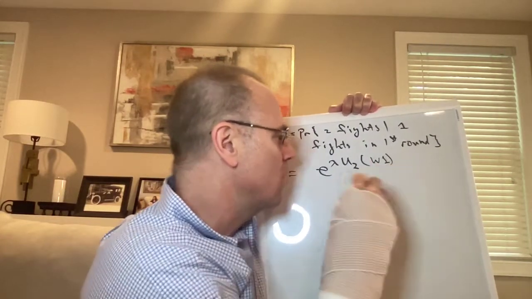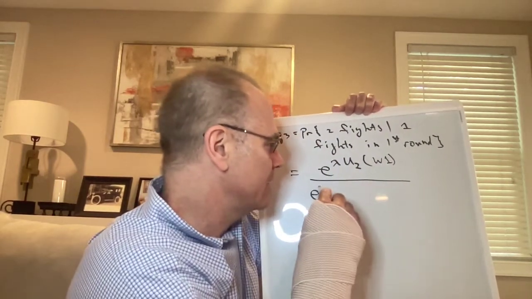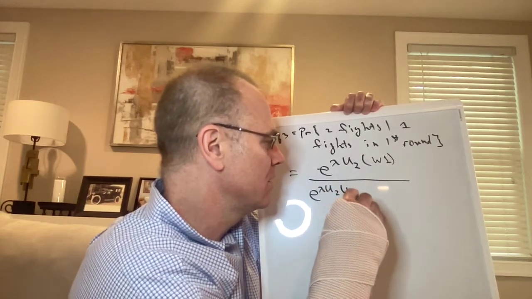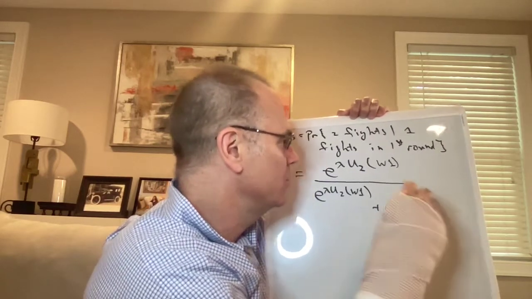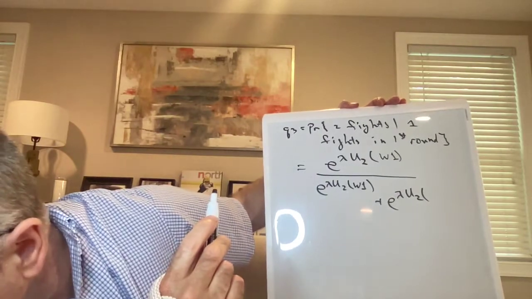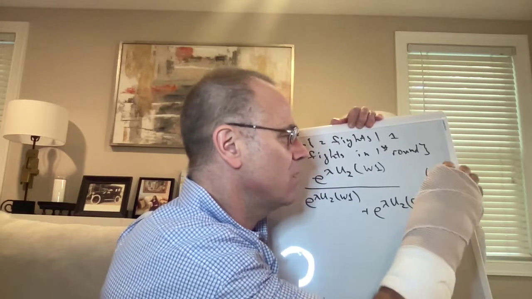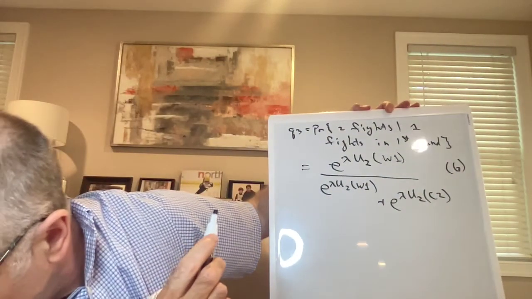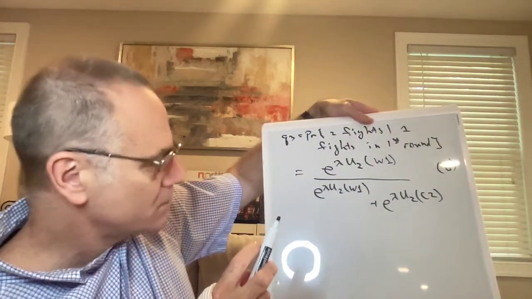If they fight, they get in a war where 1 started it. Divided by e to the lambda U2 of W1 plus e to the lambda U2 of C2. And this is equation 6. All right, so that was a pretty easy one.